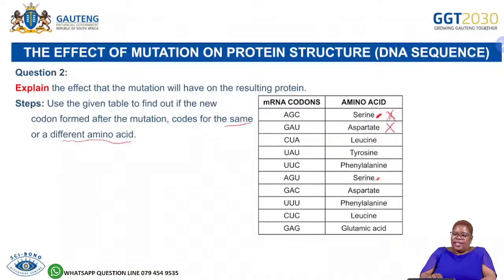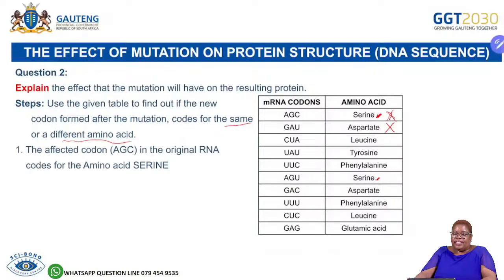You use the given table to find out if the new codon formed after mutation codes for the same or a different amino acid. All right? The affected codon AGC, can you see? This is AGC. In the original RNA it codes for the amino acid serine. It's a given information.